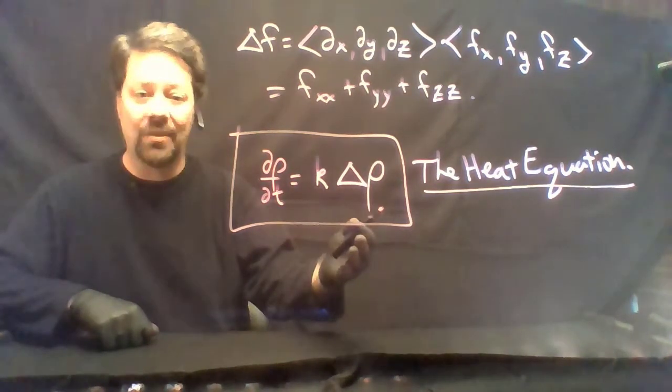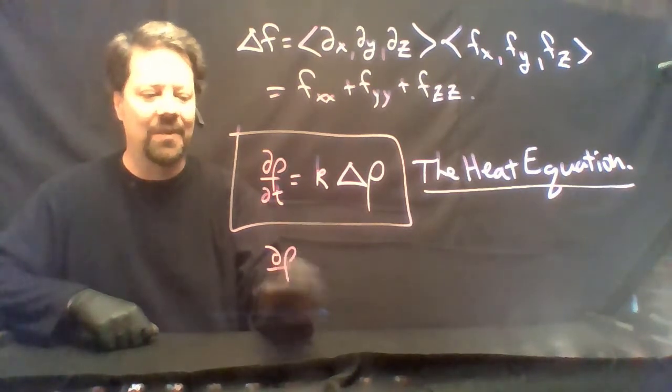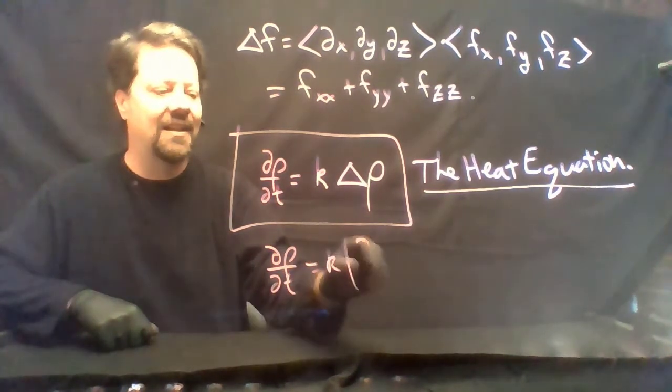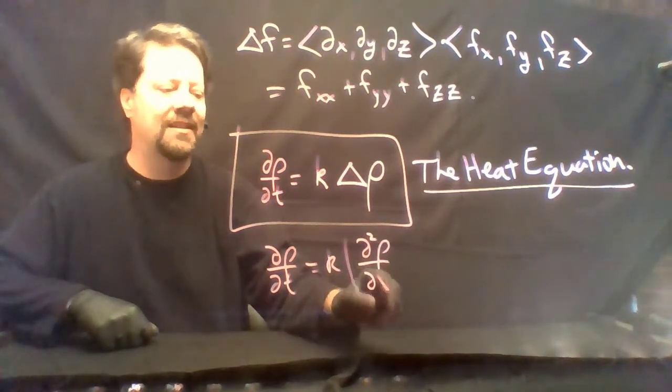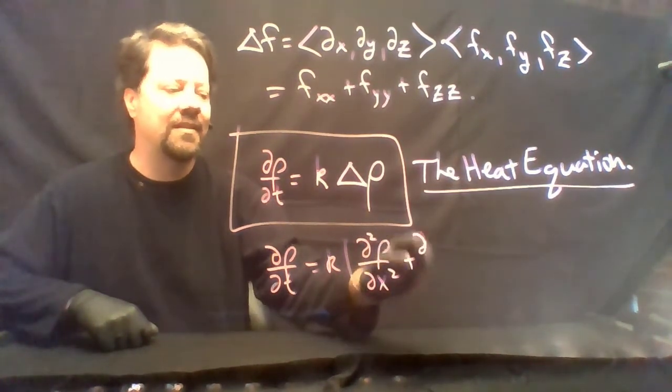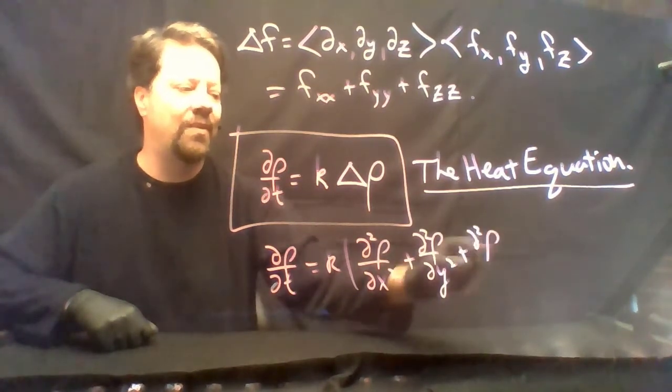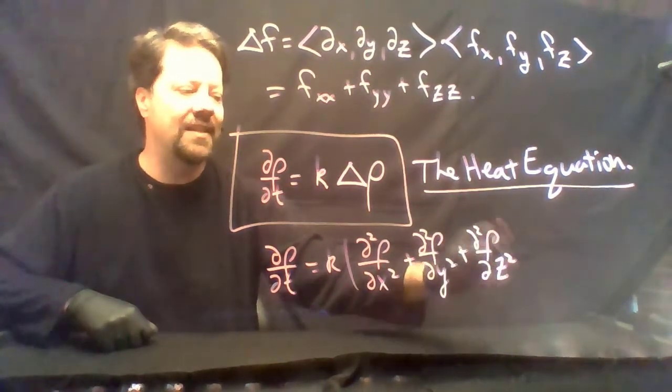In rectangular coordinates, the heat equation will have the form ∂ρ/∂t equals k times (∂²ρ/∂x² plus ∂²ρ/∂y² plus ∂²ρ/∂z²).